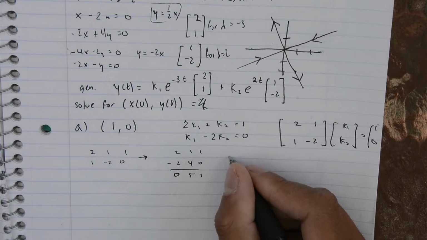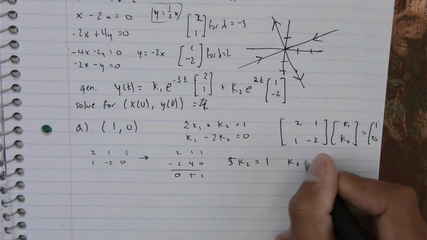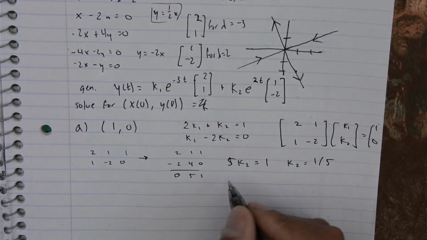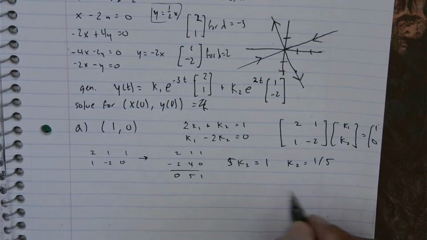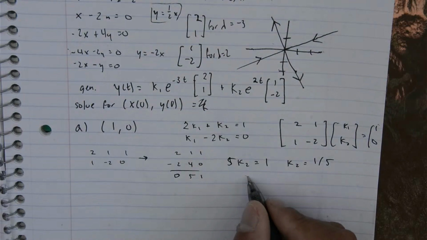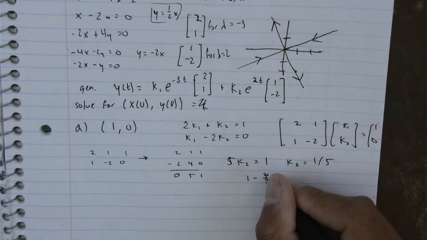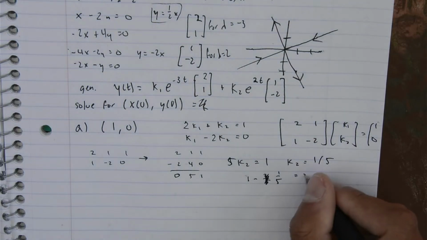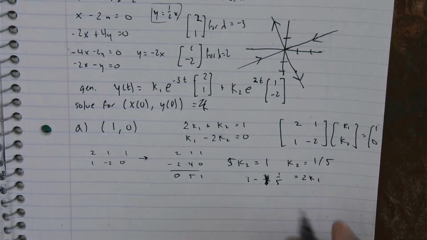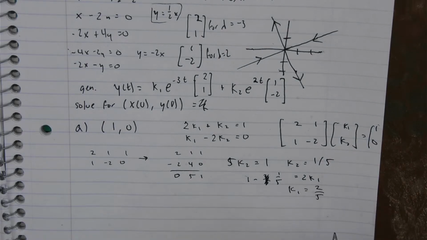So then we get 5k2 is equal to 1, so k2 is equal to 1/5. And then we have 1 minus 1/5 is equal to 2k1. So k1 equals 2/5.